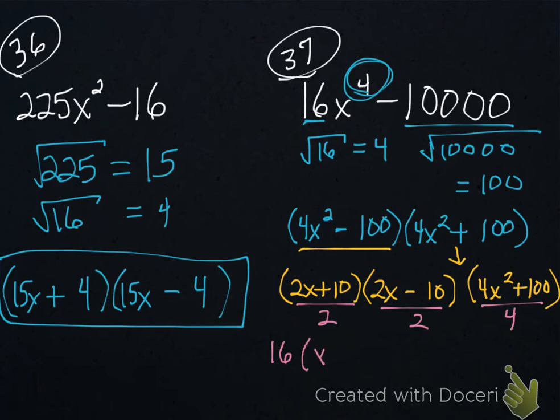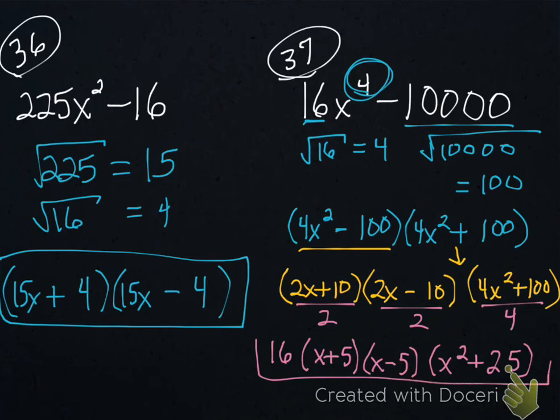So this would be x plus 5, x minus 5, and then divide 4 into each of the last binomial, and I get x squared plus 25 with a 16 out front. This is completely factored.